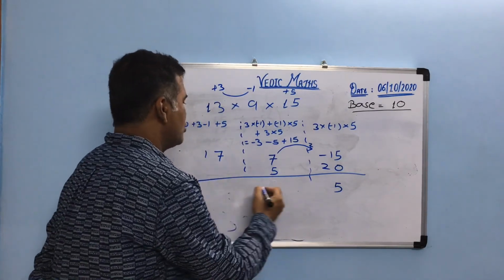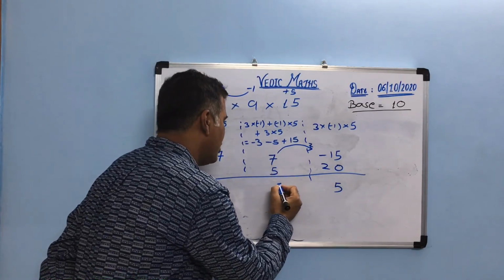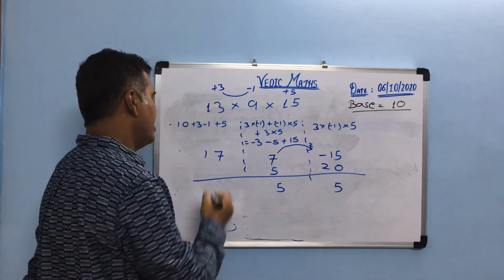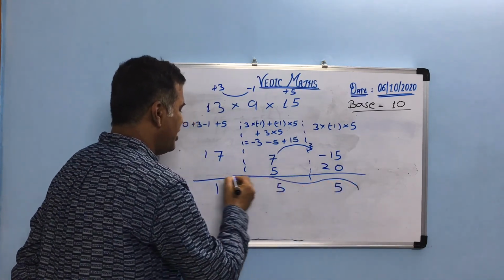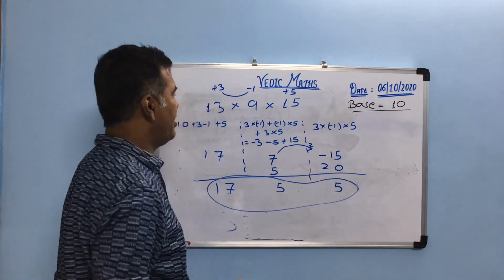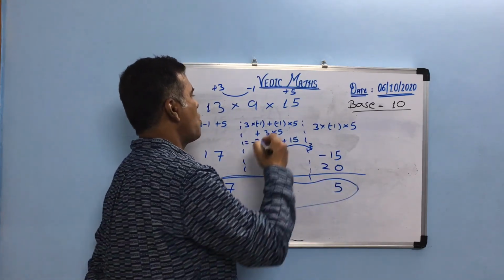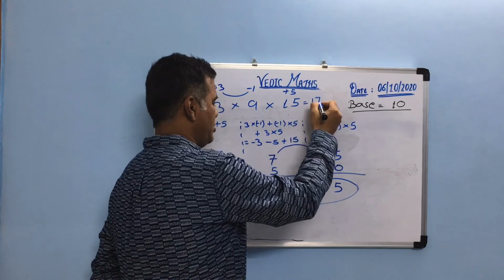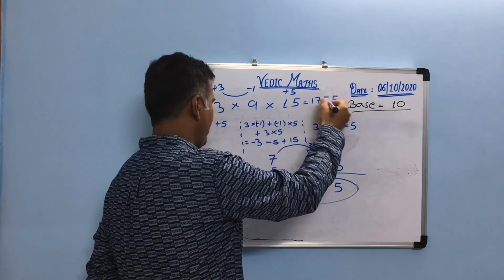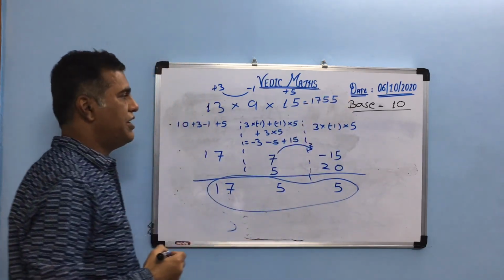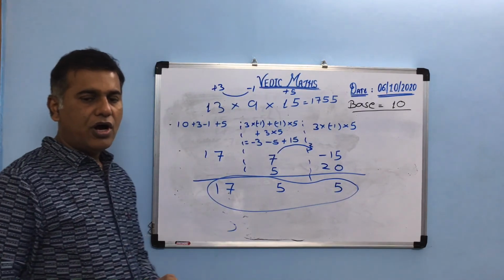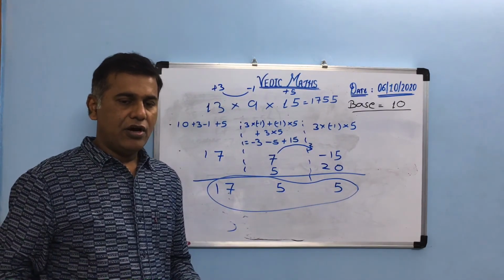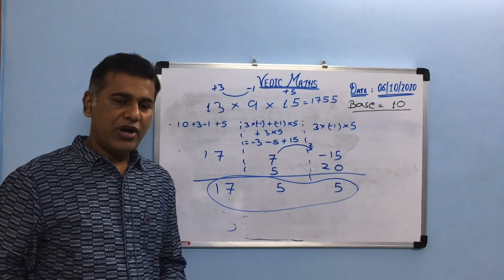Here there is only one number, so simply I will write 5. And this is the last one, so simply I will write it. So the answer is 1755. In this way, whether it is positive or negative, in all the cases we can find out.